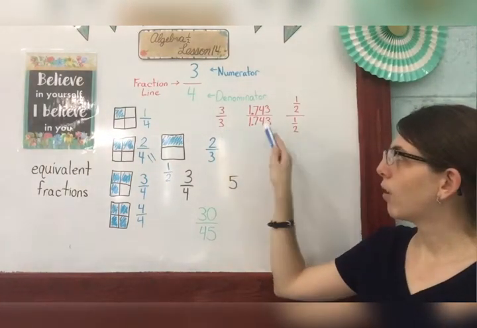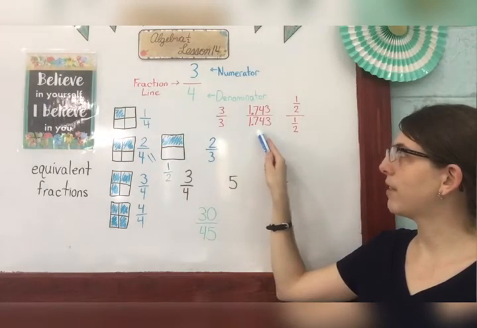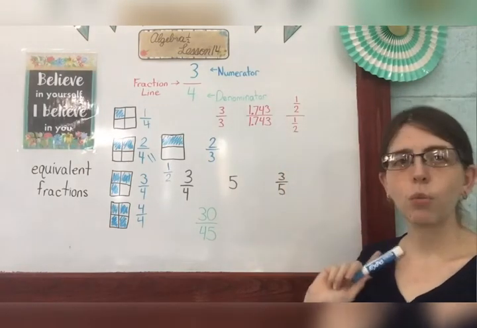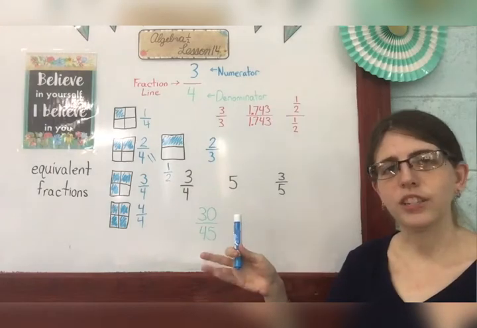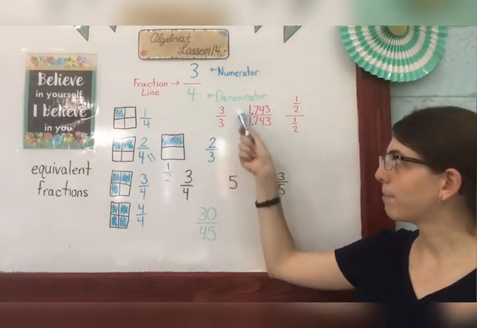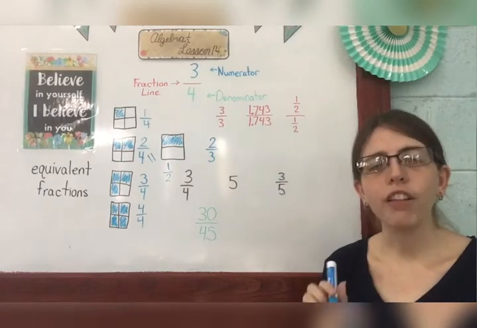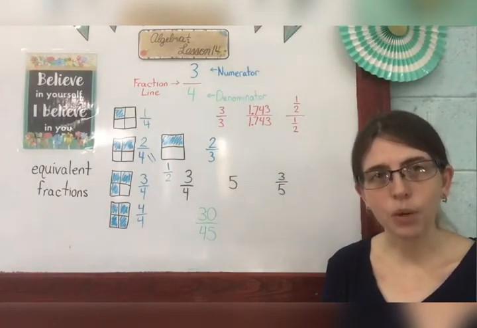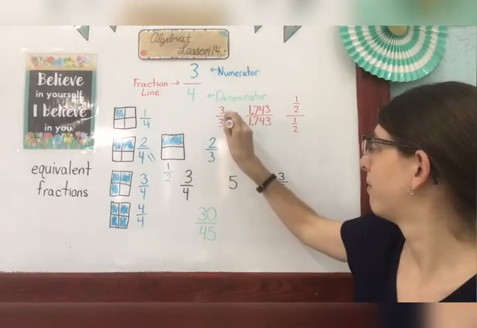3/3, 1.743 over 1.743, 1/2 over 1/2. These are all fractions, and they have the same number in the numerator and in the denominator. All of these fractions are equal to 1.